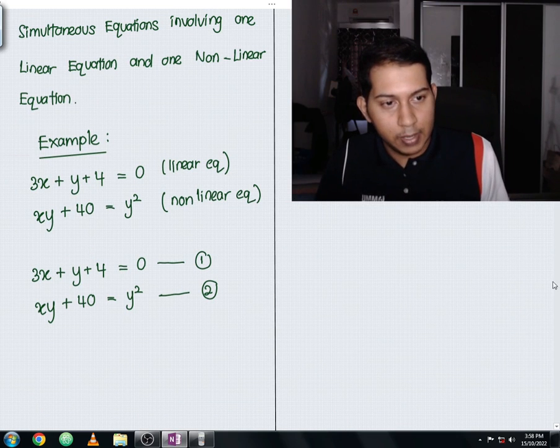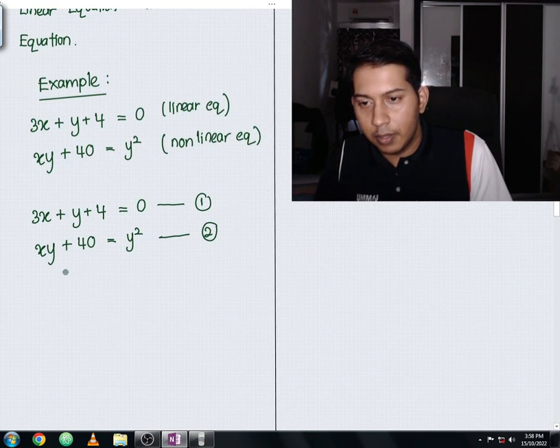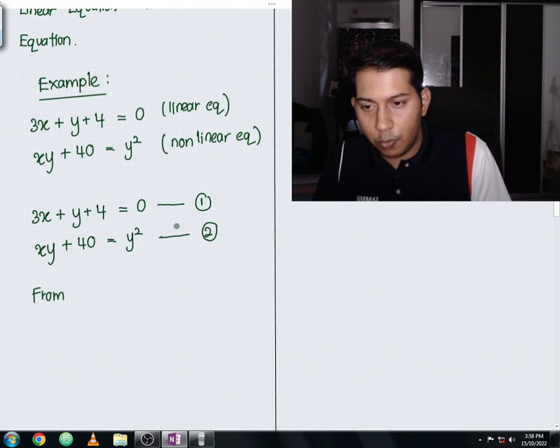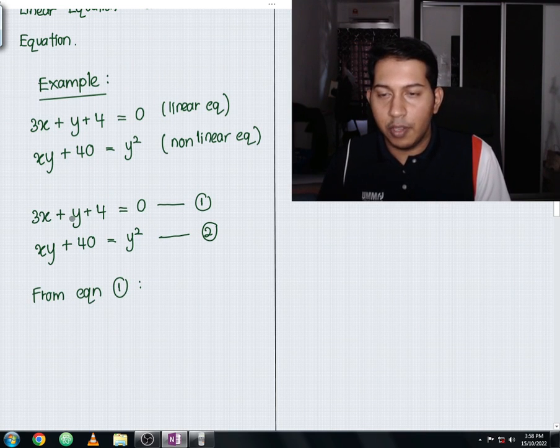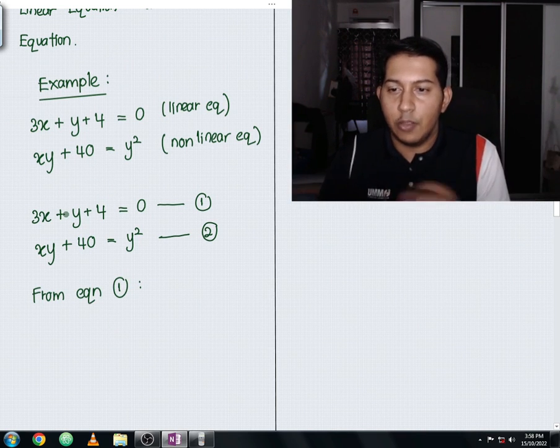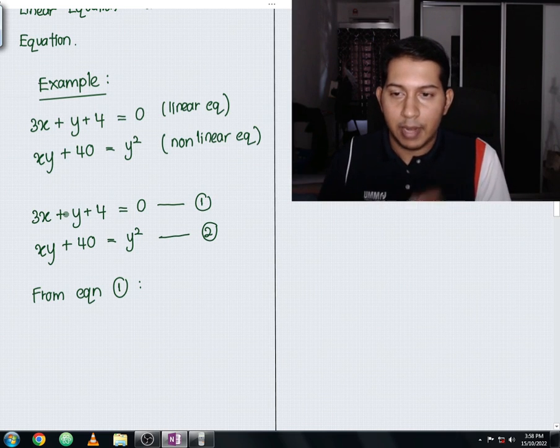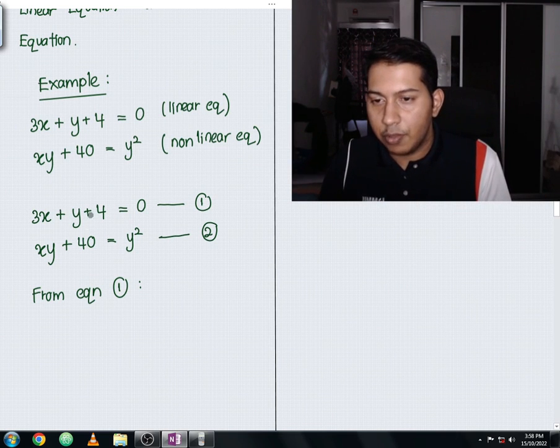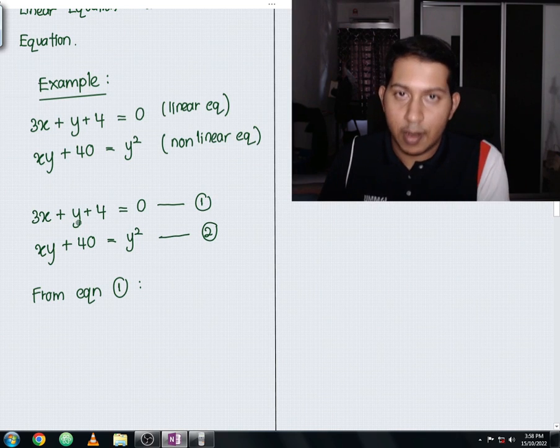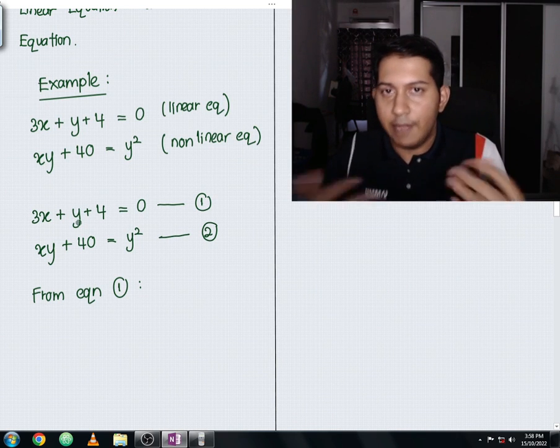Cannot understand? Don't worry, I'm going to explain through the working so you can understand better. From equation 1, we're going to create a new equation. In order to reduce from two variables to one variable, you can choose any variable you want, but for convenience we are going to choose the y variable, but if you want to choose x also can. I leave it up to you.